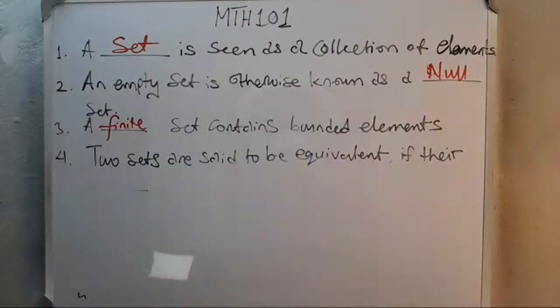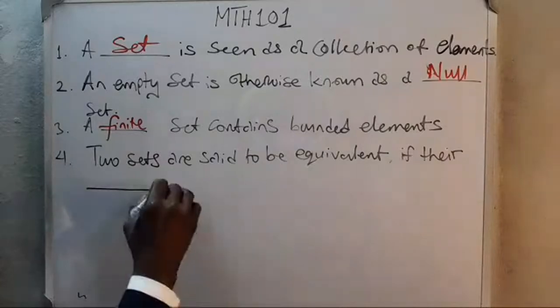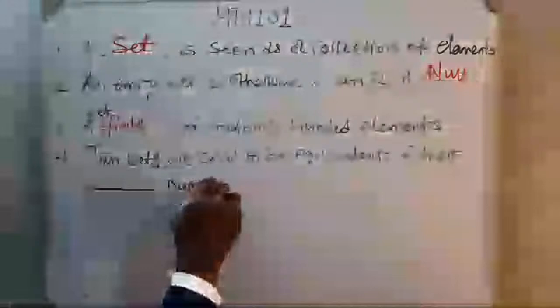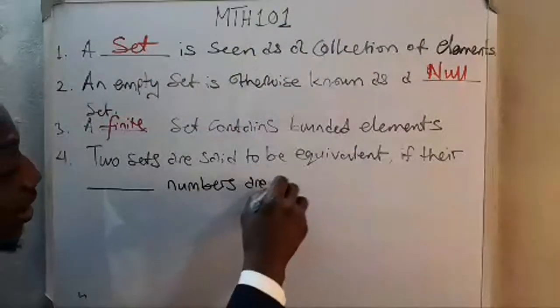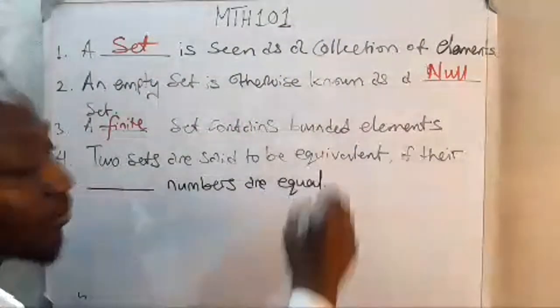Just a moment, I'm trying to see if I can switch something else. Yeah, this is what I'm looking for. Two sets are said to be equivalent if their dash numbers are equal.